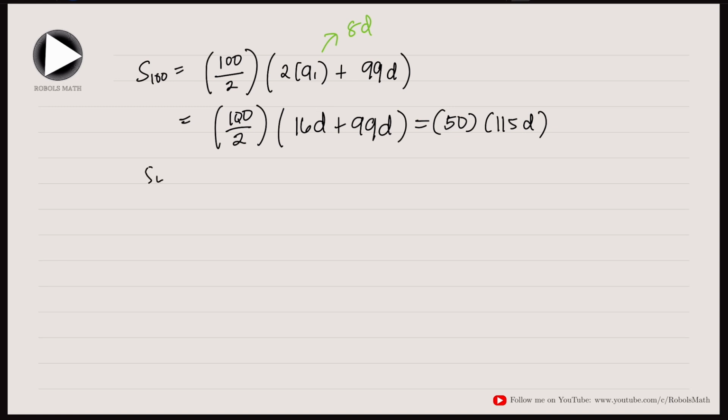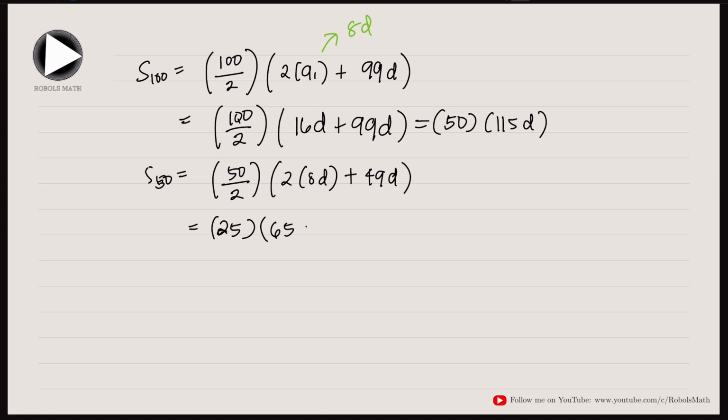Then S sub 50 equals 50 over 2 times 2 times 8d, the same as what we did earlier, plus 50 minus 1, that's 49d. Again, I'll simplify that to be 25 times 2 times 8 is 16, plus 49 is 65d.